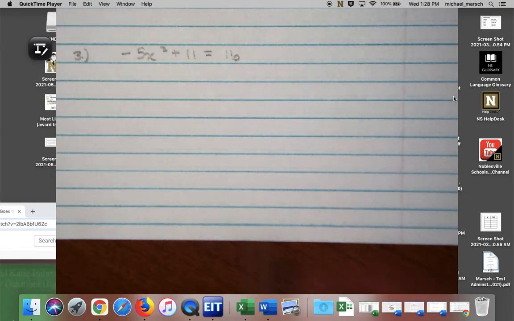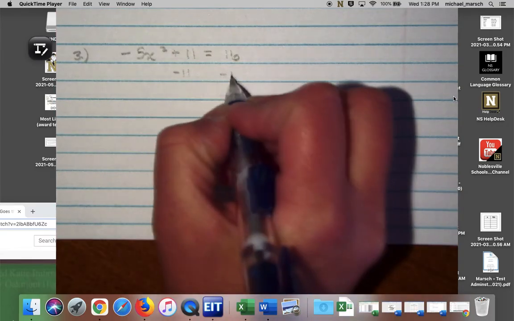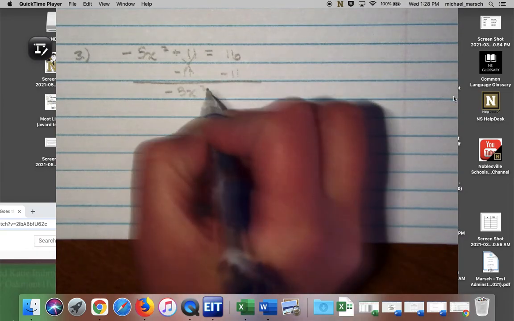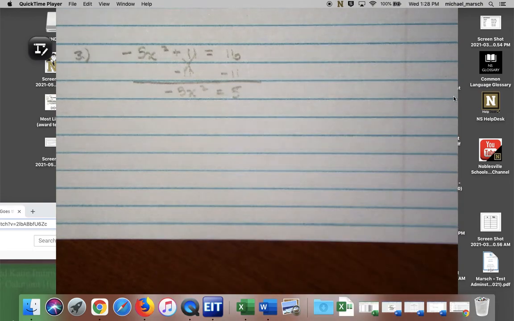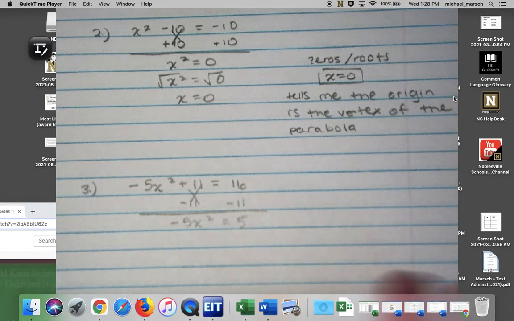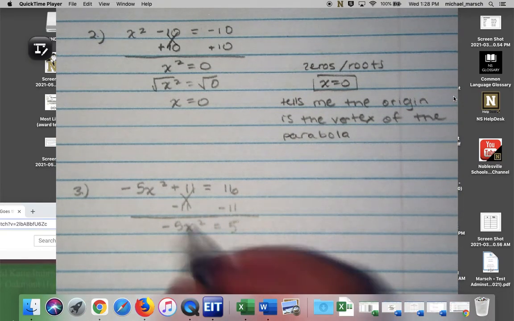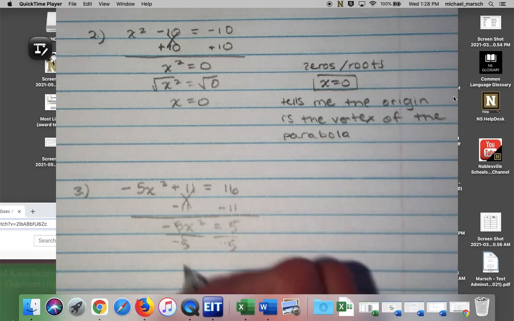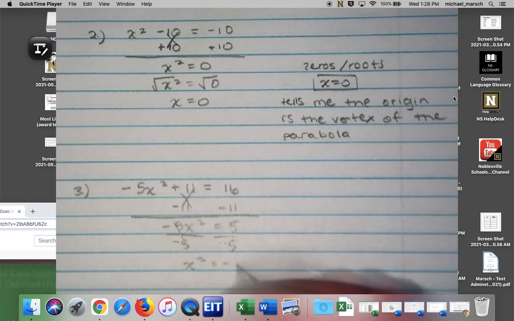All right, so I'm going to subtract 11 from both sides. I'm going to have negative 5x squared equals 5. And then I'm going to divide by negative 5. And I'm going to get x squared equals negative 1.